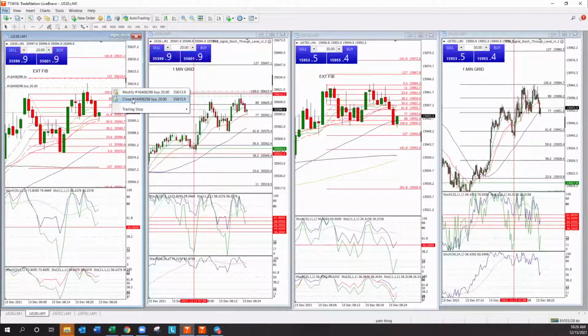Just watch out for that 50 level of the opening range on the US tech as level of support. At a 50% retracement there, break of 38, I'm definitely out.